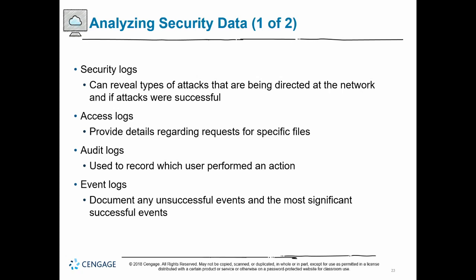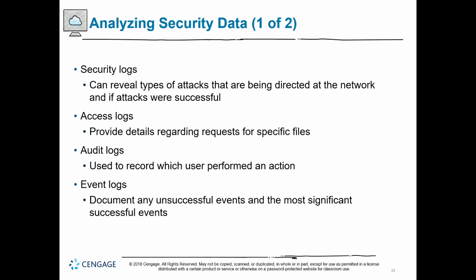Event logs pretty much document any successful or unsuccessful event. Usually, you can just type in event logs on a Windows Server box, and there's a bunch of event IDs.